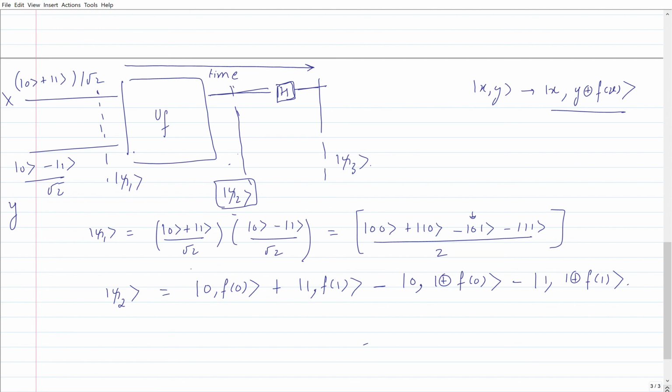Okay, and of course I can normalize the state over here. So this is my state psi2.